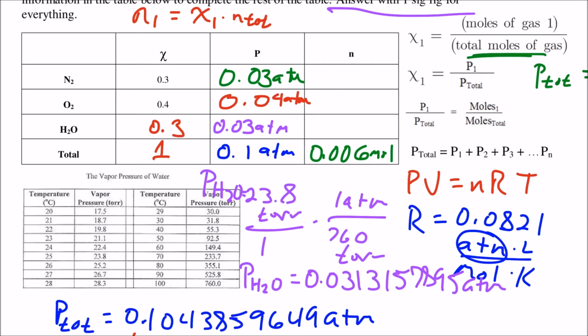So we can multiply that number by the total number of moles we found and come up with a value here. So let's see, for nitrogen, I'm getting 0.0019, so that's going to be 2, which means water is the same thing because they both have the same mole fraction.